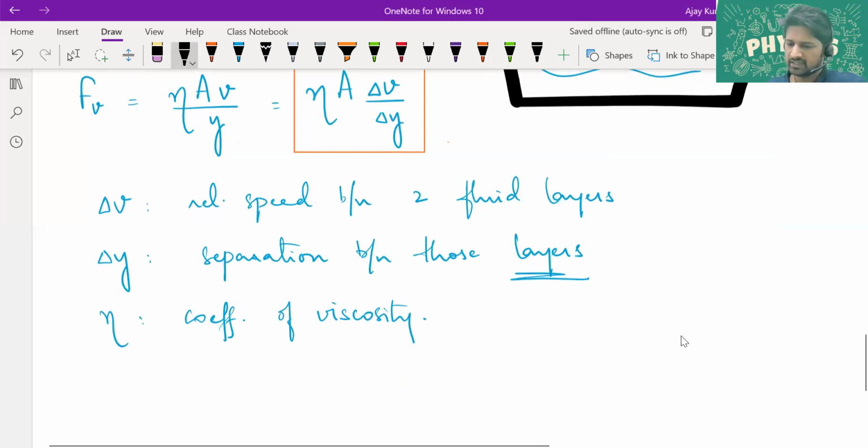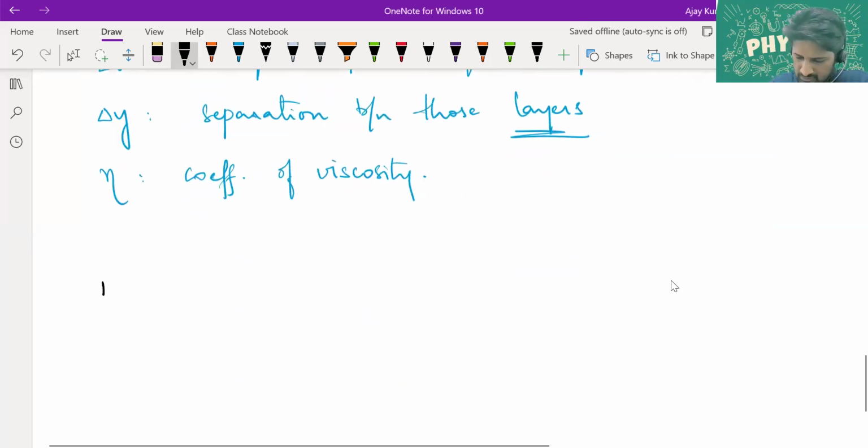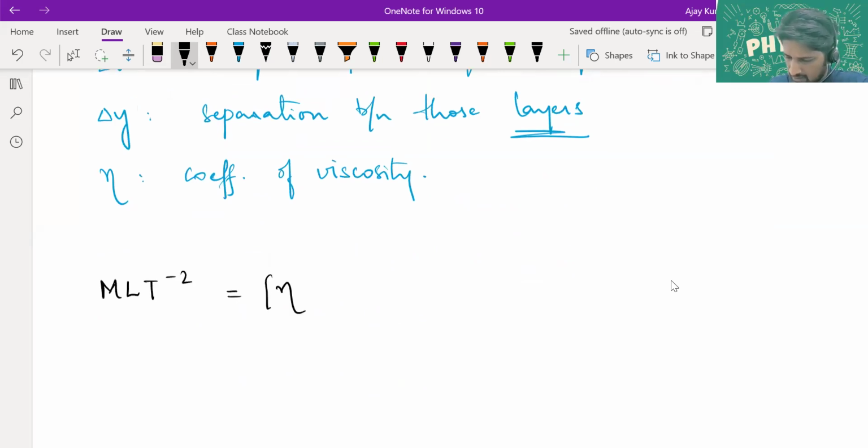So viscous force is eta A delta v by delta y. For viscous force, as for any force, the dimensional formula is M L T^-2, equal to the dimensions of eta multiplied with area, which is L squared. Delta v or v will have the same dimensions, L T^-1, divided by y, which is a distance. Delta y will also be a distance. One L gets cancelled.